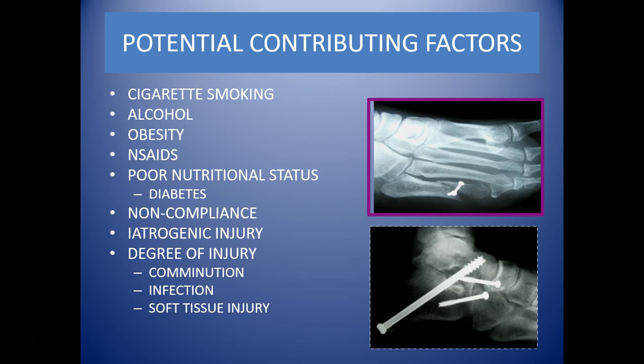In looking at complications that occur after surgical procedures, we often know that there are contributing factors involved, and it is important to note the presence of these potential contributing factors prior to surgery, and taking the time to offer appropriate interventions before proceeding with those surgeries in order to minimize those risks.